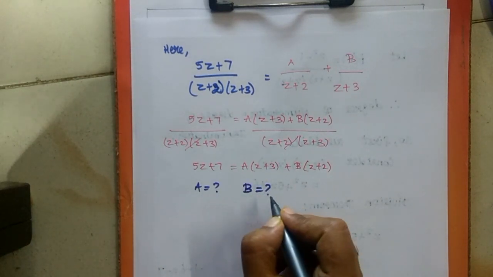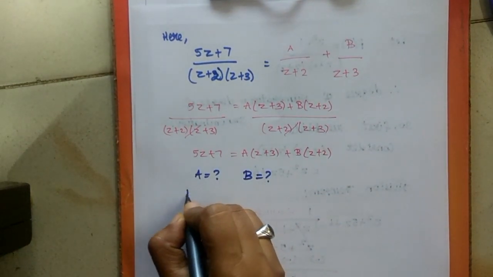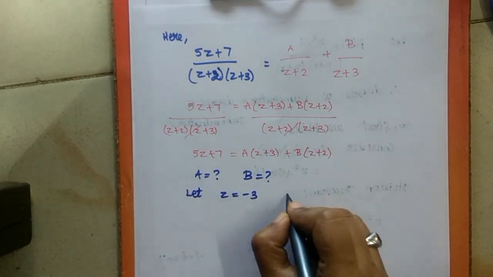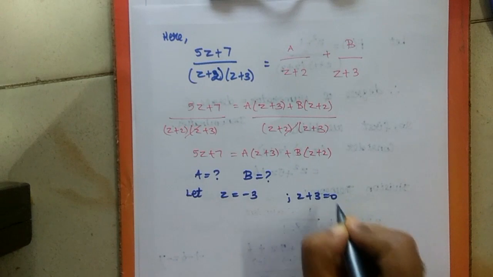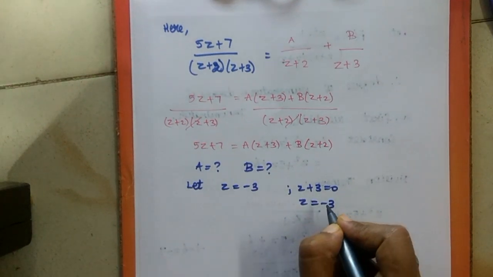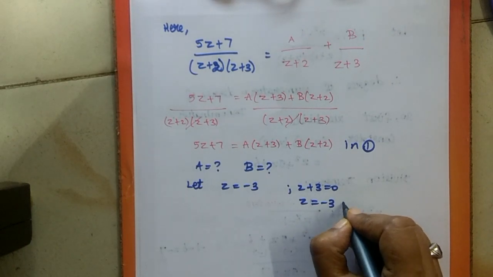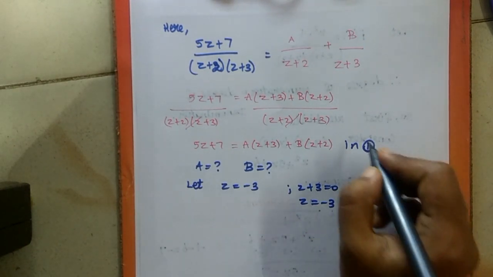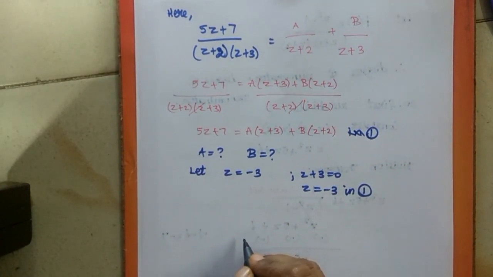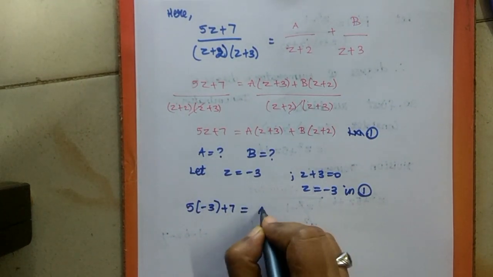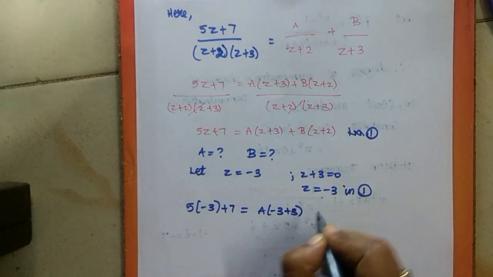So I consider let z equal to minus 3, z plus 3 equal to 0, z equal to minus 3. Take this as equation 1. Substitute this z equal to minus 3 in first equation. 5 into minus 3 plus 7 equal to a into minus 3 plus 3.